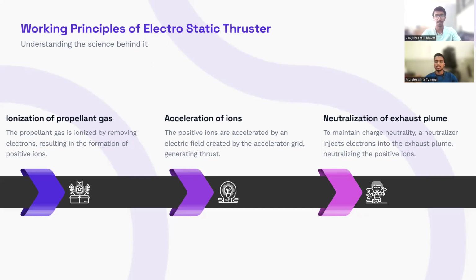These positive ions are accelerated with the help of the accelerator grid, which is one component of the electrostatic thruster. The acceleration is so much that we need a neutralizer. The neutralizer neutralizes the positive ions in order to give an exhaust plume. Quite simple, right, Murli?